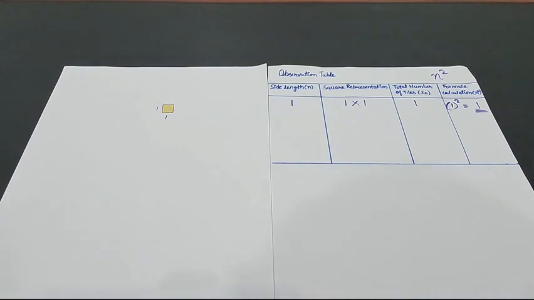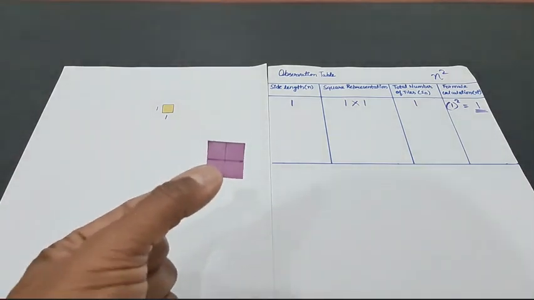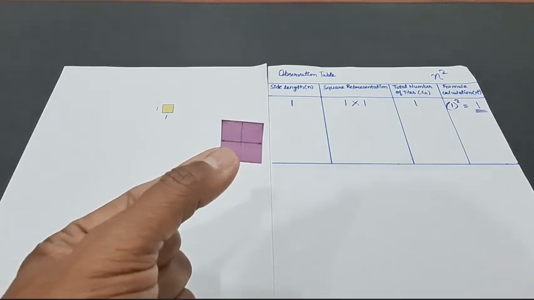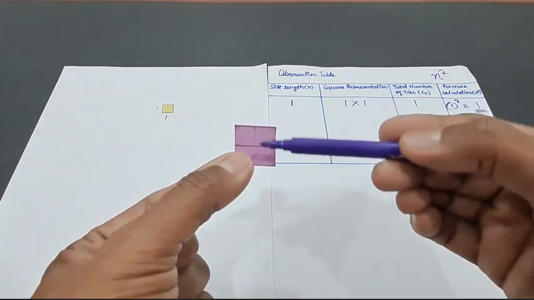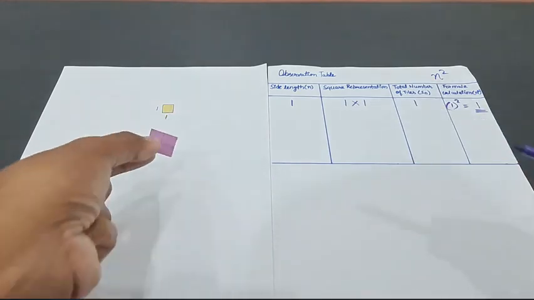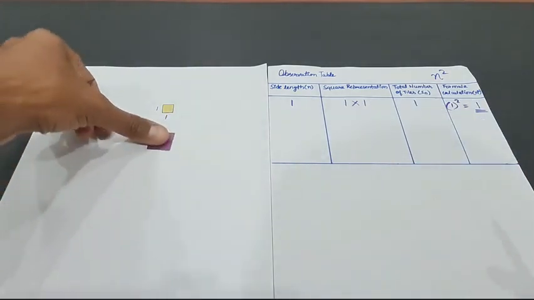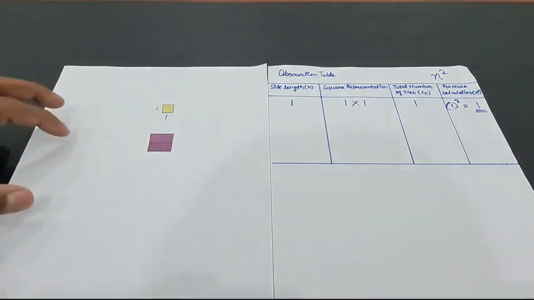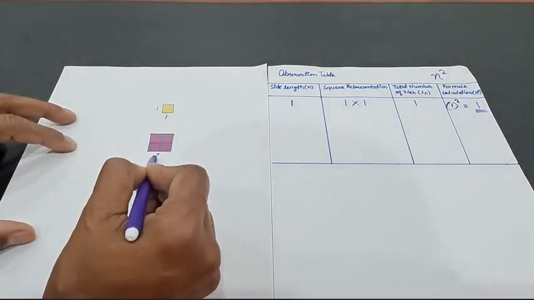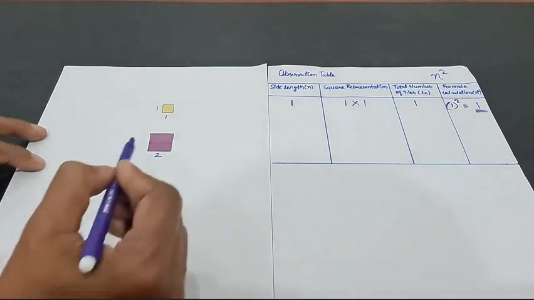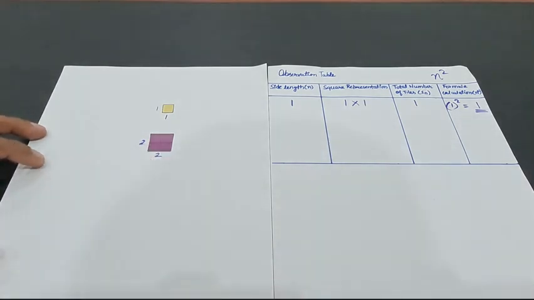Now if I want to extend this activity to another square, you can see here this square has been divided into 4 small squares. So if I keep it here or paste it on a white sheet of paper, I have 2 units along the length and 2 units along the width.